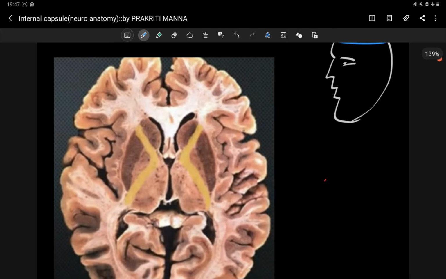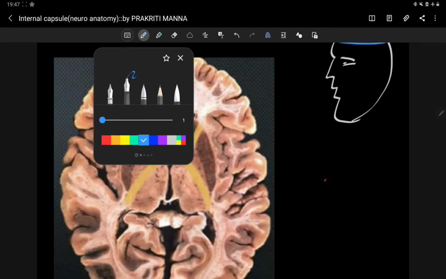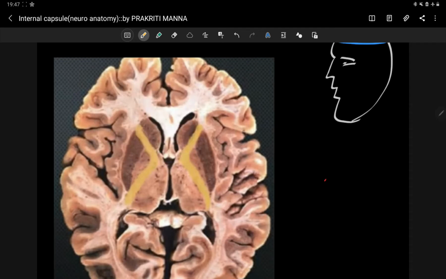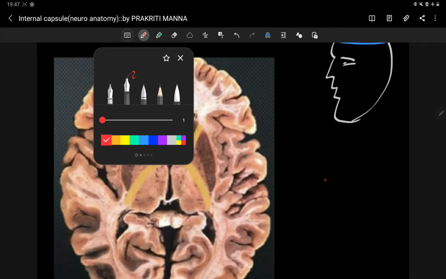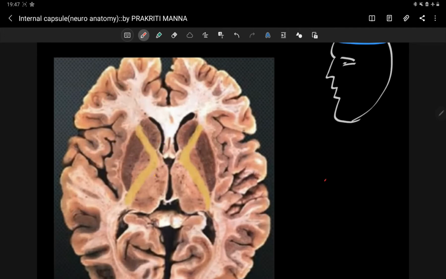Okay, so guys, here you can see some structures. This diagram is very familiar, I think. This is the thalamus. I'm highlighting it with red.